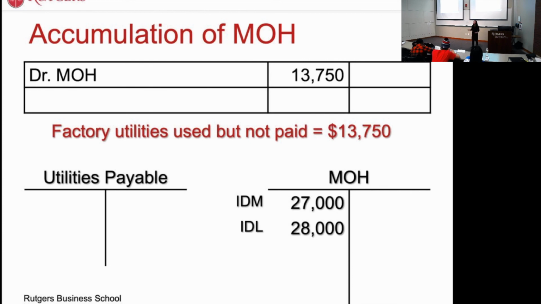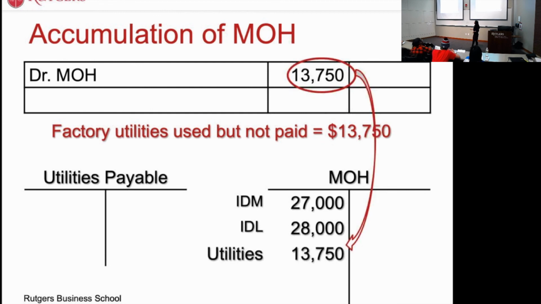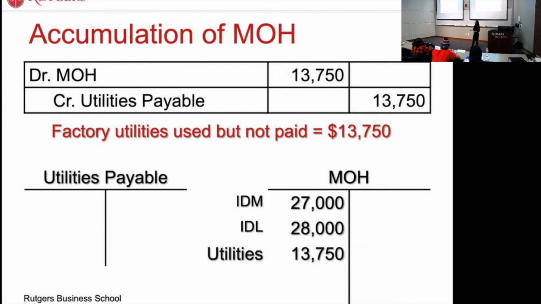By the amount of utilities. And because we pay the utilities on account, we will have accounts payable, right? Utilities payable. So we are going to credit the payable by the same amount. And if we're going to put them into the T account, we just need to put them to where they belong to, right? The credit goes to credit, debit goes to debit, so that's fine.